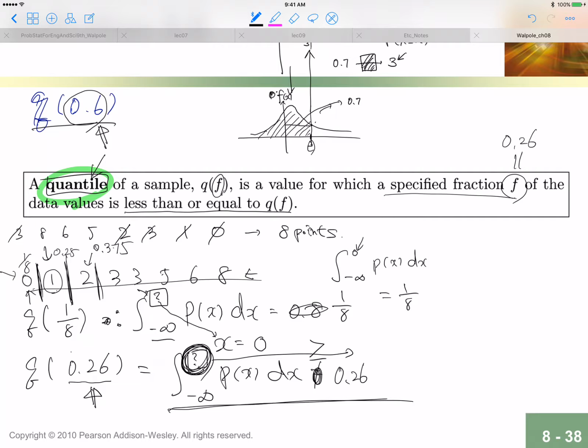So the answer here will be 2. Okay, so by including up to 2 as an x value, we can now reach a probability that is greater than or equal to the specified probability value.